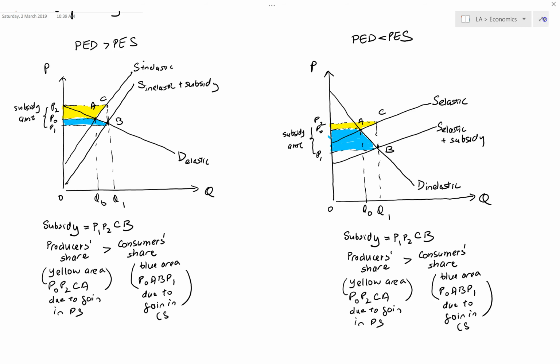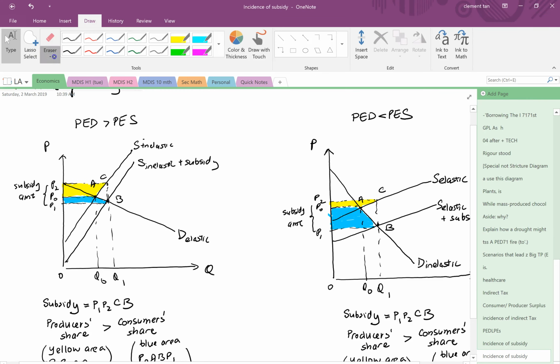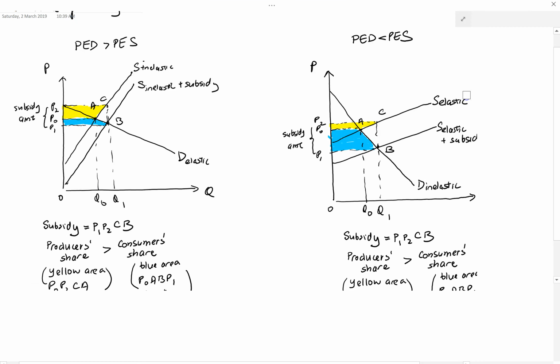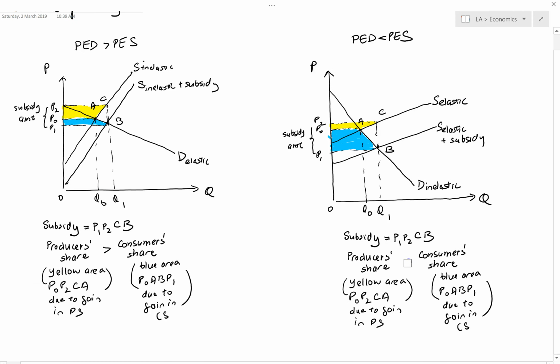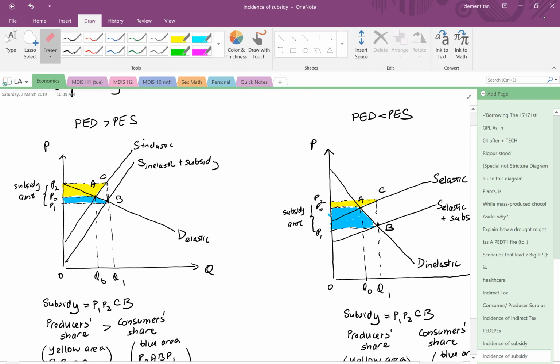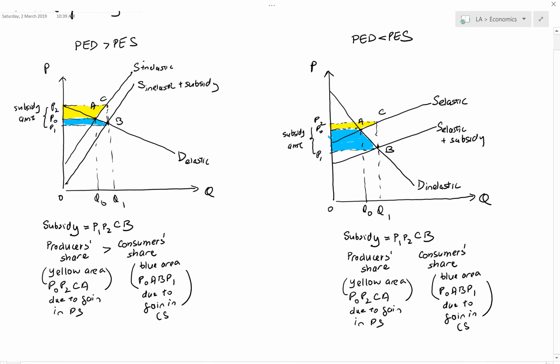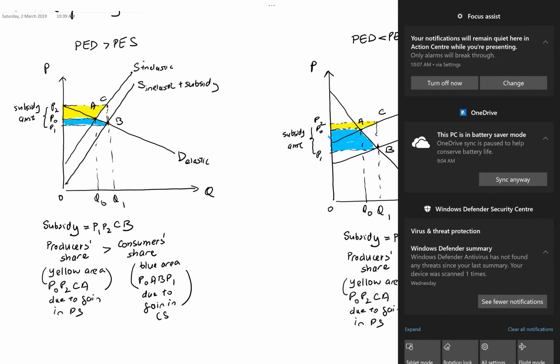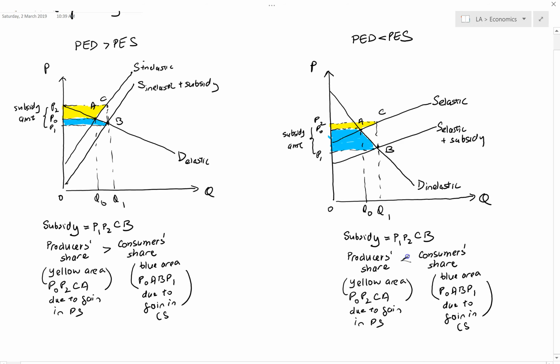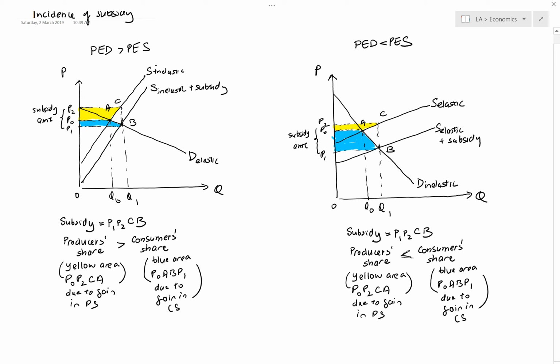Just that now, producer share is smaller.